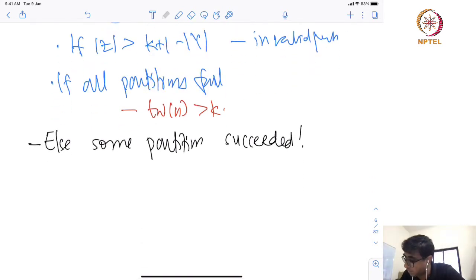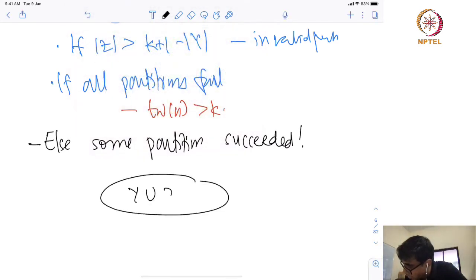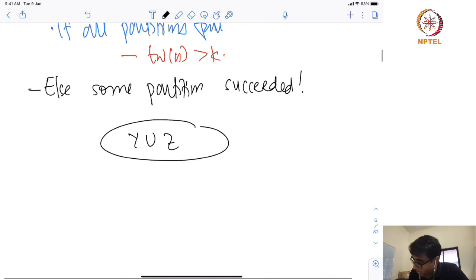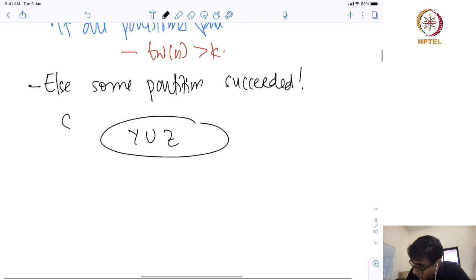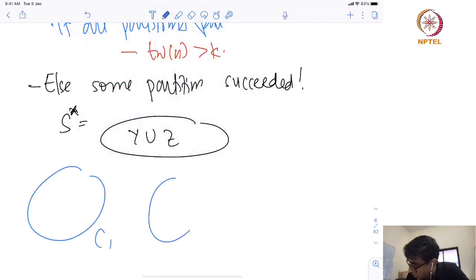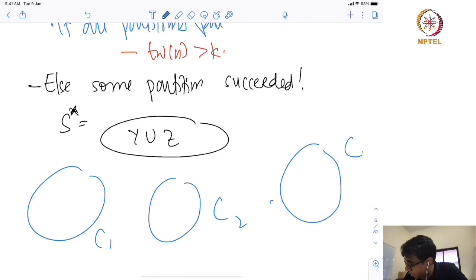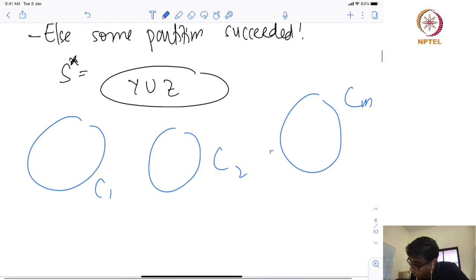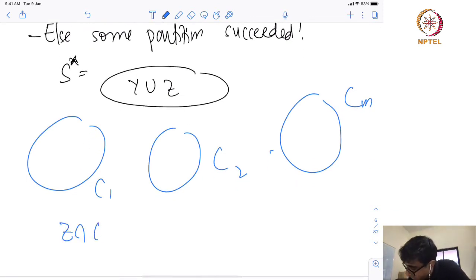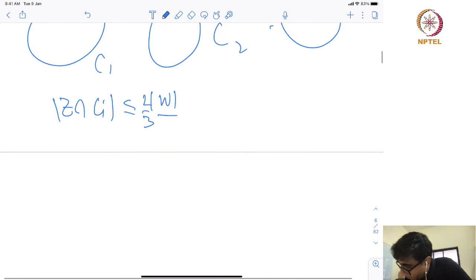So, how will we do this? Then you will look at Y union Z, okay, this is your S star, and you look at your components C1, C2, Cm, and what are you guaranteed? That Z intersection this Ci is at most 2/3 of W. So, what you do?